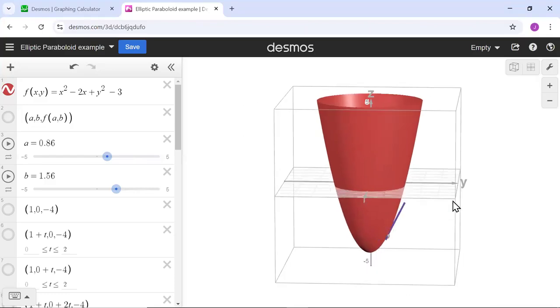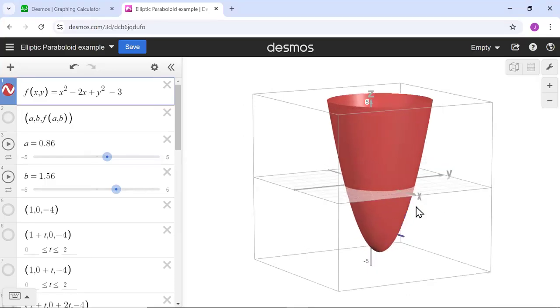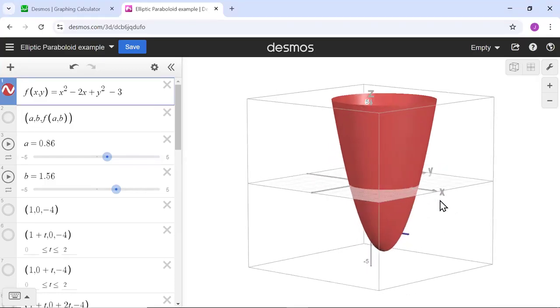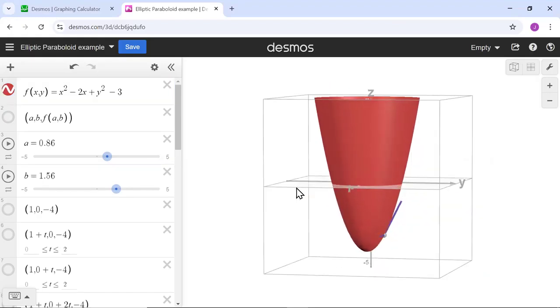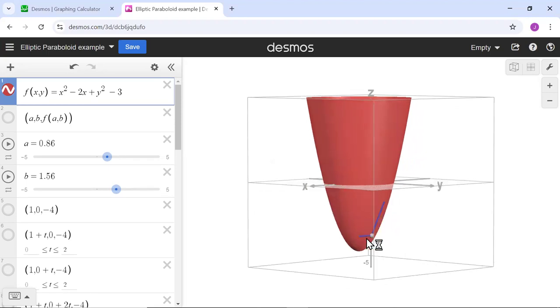So let's take a look at what we're saying here. Here's our graph of our function with the tangent vectors given by f sub x and f sub y.